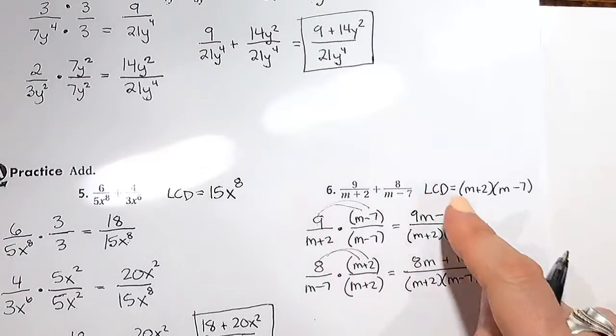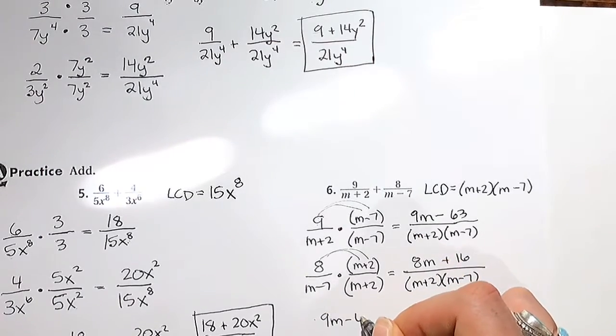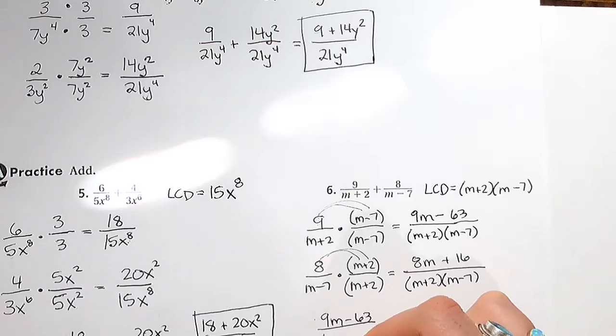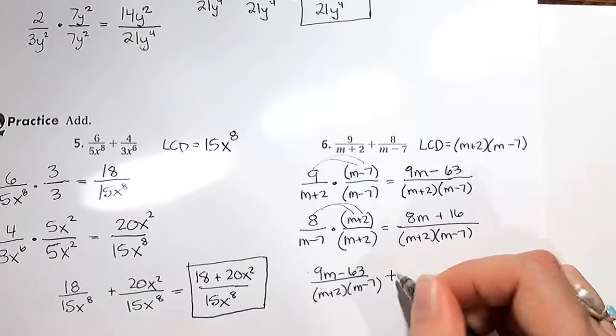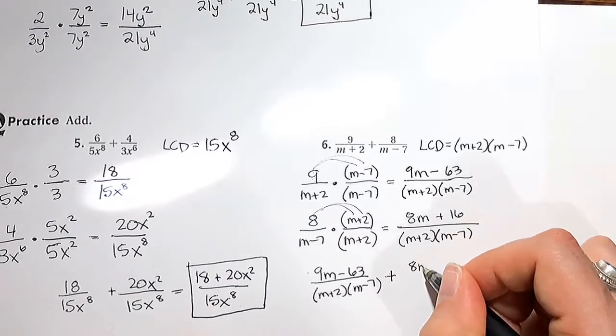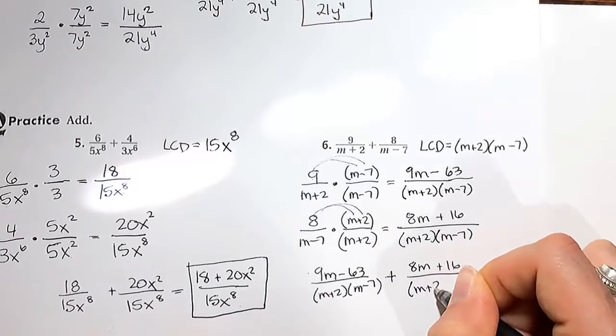So we're just going to rewrite this problem using these two fractions. So I have 9m minus 63 over m plus 2, m minus 7. And then we're adding to it the second fraction, 8m plus 16 over our LCD.